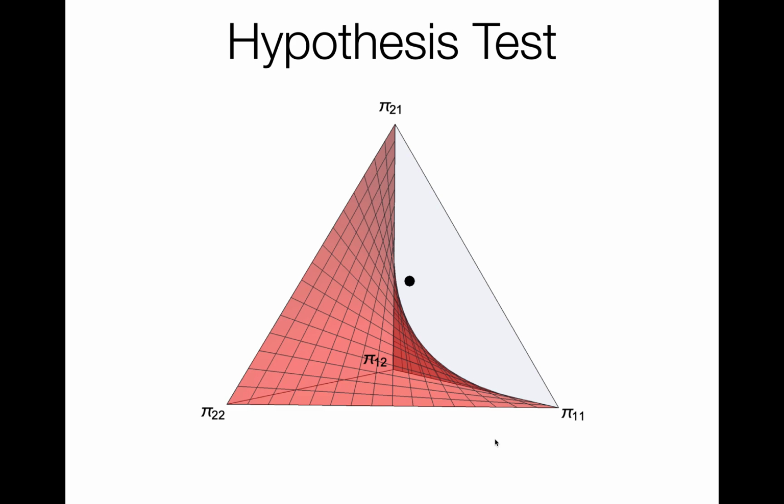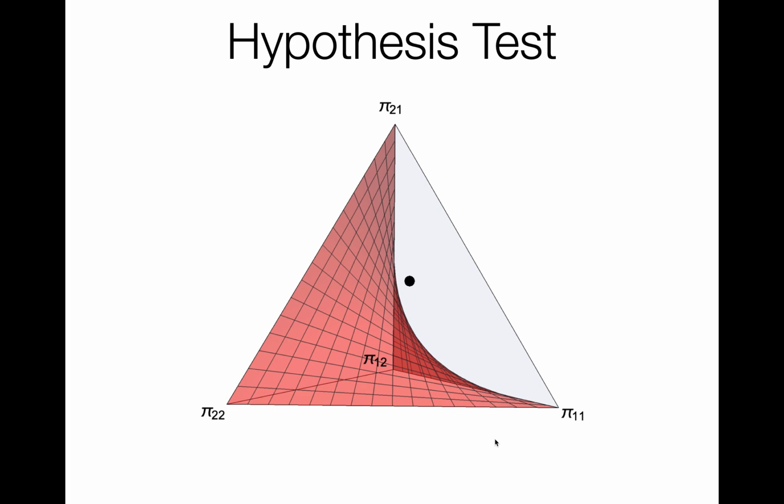Okay, so I have what looks like a pyramid with some stuff inside it. That pyramid is called a simplex. And this specific simplex is called the probability simplex. And inside it are a bunch of points. Each point represents a possible contingency table.